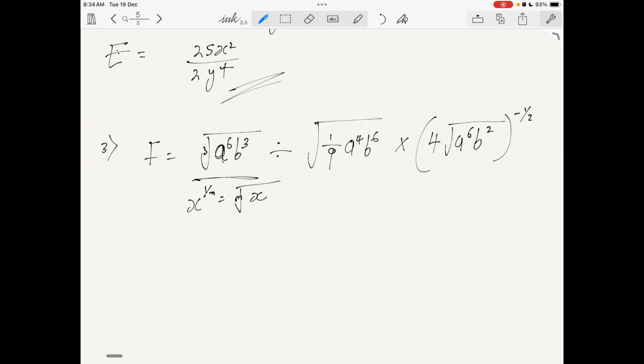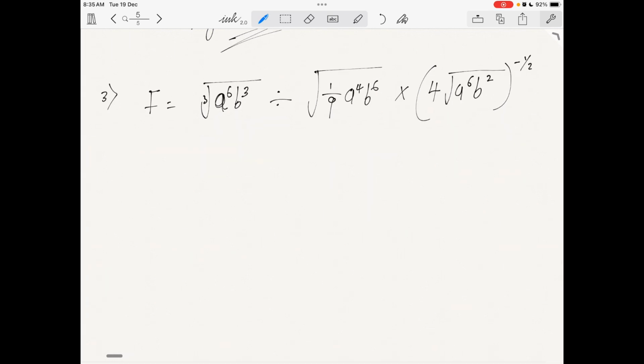In this case our x is a raised to power 6 b raised to power 3. Here also we would want to apply the rule of square root. The same rule applies: x raised to power minus 1 over m is equal to the mth root of 1 over x. Now let's work through this together.